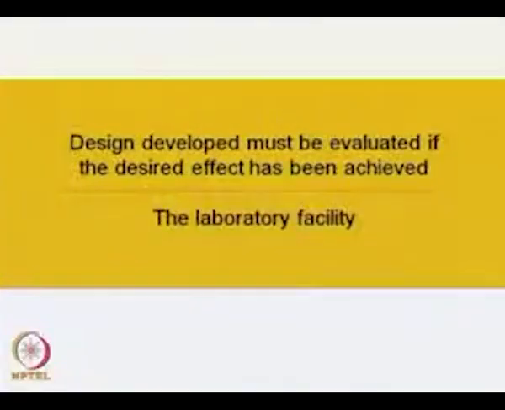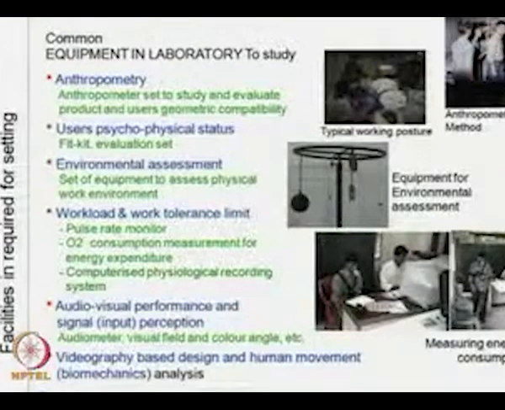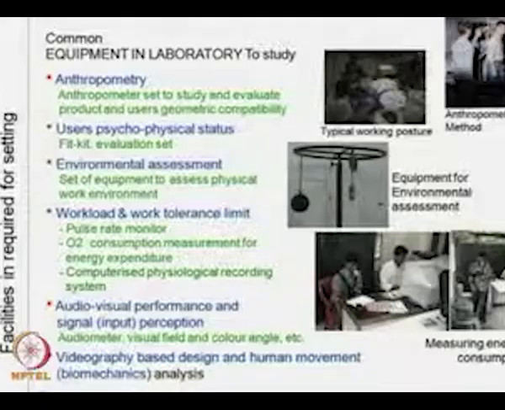In earlier exercises on workstation design, we mentioned oxygen consumption, electromyography records and others; I mentioned only two, but some others are also considered there. Now, what facilities are normally necessary for such product evaluation? There are many things, but for a typical ergonomics laboratory, these facilities are necessary to be there.